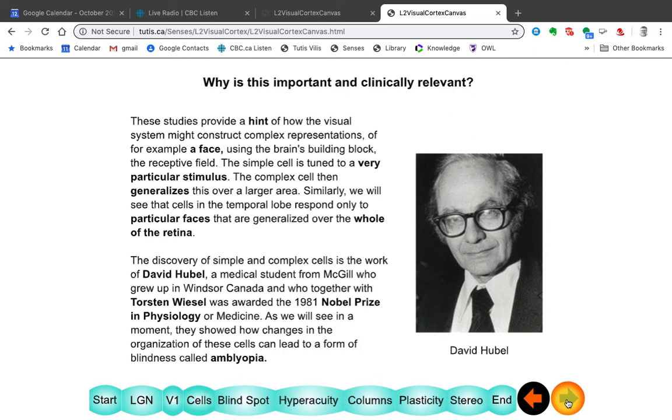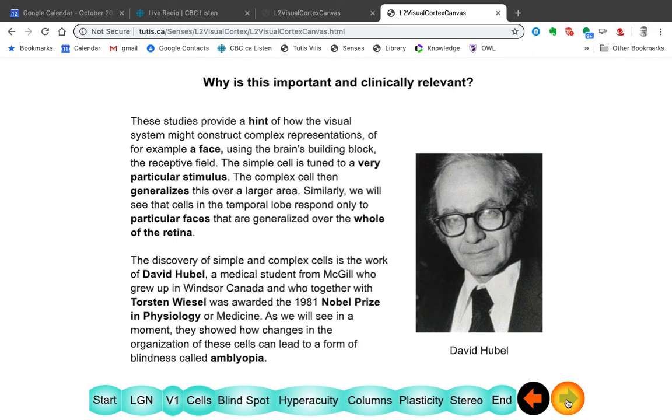So you might imagine that in order to make a face cell, you have to learn to recognize a particular feature, a shape of the eyebrows or something like that. And then the other thing that happens, you have complex cells, which look for that simple cell, for that particular orientation, not just in the fovea, but around a much larger receptive field.